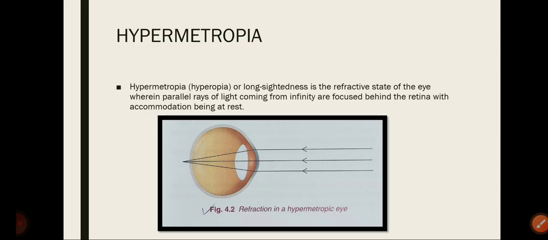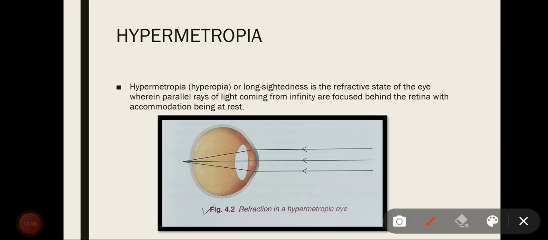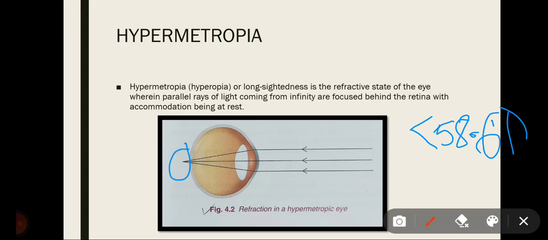Thus, the posterior focal point is behind the retina, which therefore receives a blurred image. In simple words, the hypermetropic eye has less converging power. What will be the converging power? Less than 58.6 diopter.